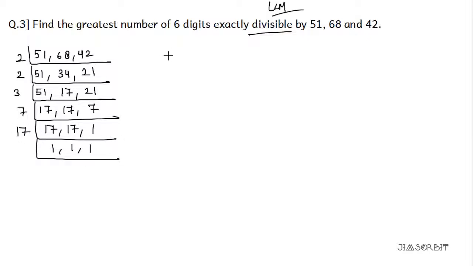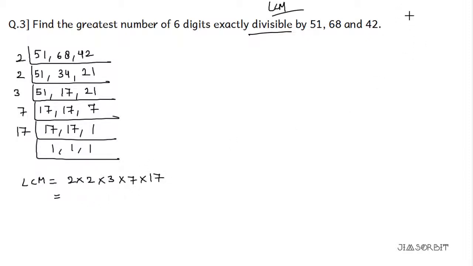Now we will write the LCM. The LCM is the product of all these values. So 2 into 2 into 3 into 7 into 17. 2 twos are 4, 4 threes are 12, 12 sevens are 84. So 84 into 17.